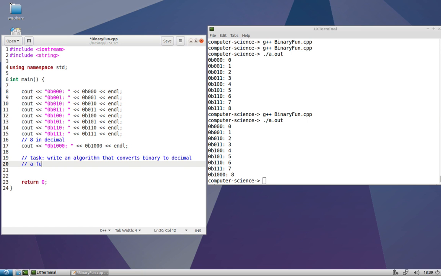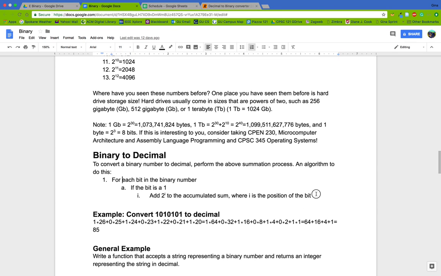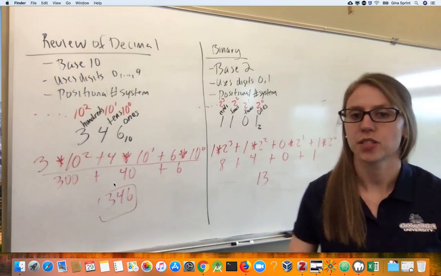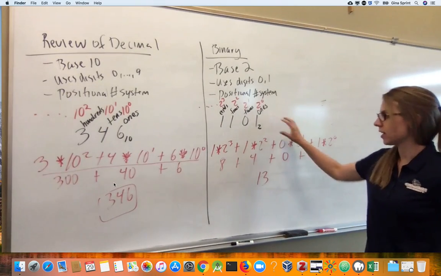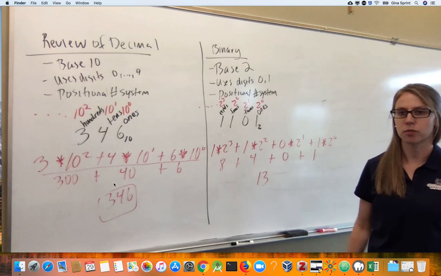Specifically, this should be a function that accepts a string representing a binary number and returns an integer representation of that binary number. And remember, here's your general algorithm that you're working to provide a C++ implementation of. And you can always return back to the steps that we took here in order to apply this conversion process.